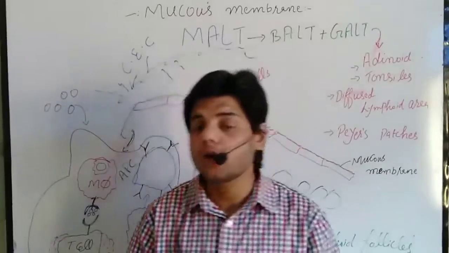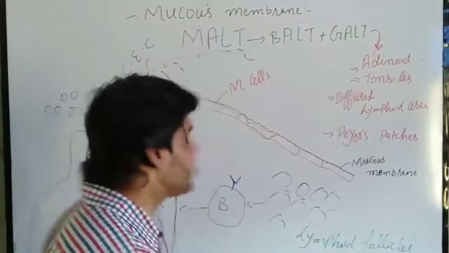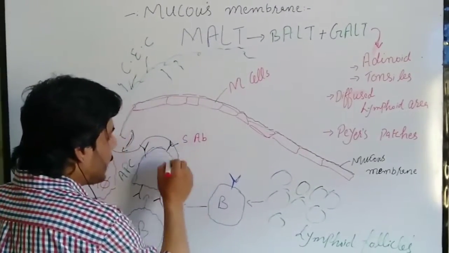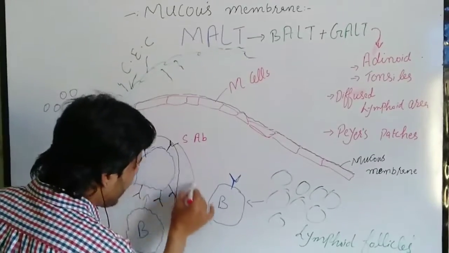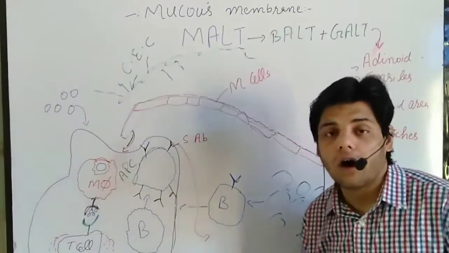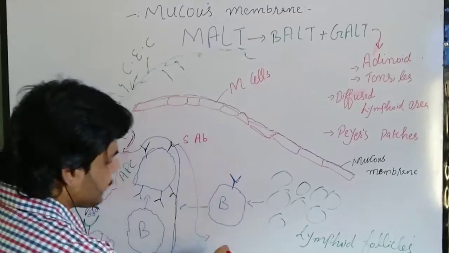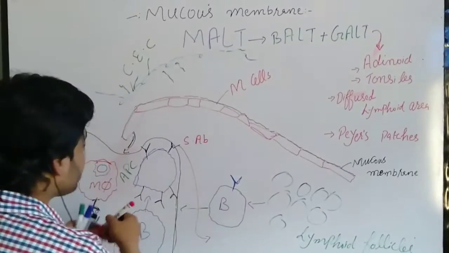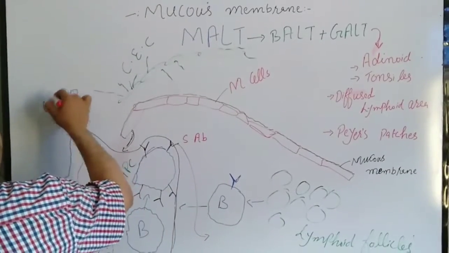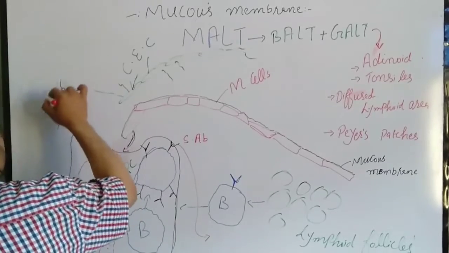These plasma cells usually secrete mucus associated antibody, which we call secretory antibody. Such secretory antibodies are released into the lumen of the gut. Let's say this area is the lumen of the gut. Once released, the antibody will attach to each antigen as you are watching.